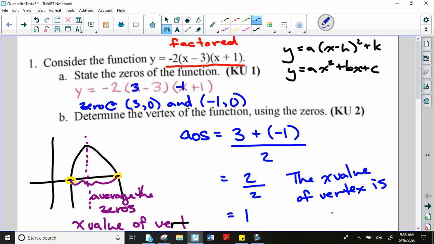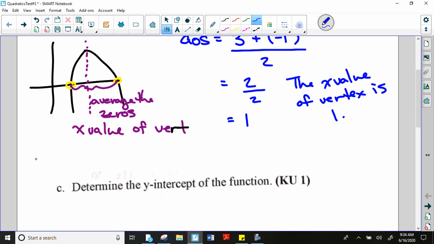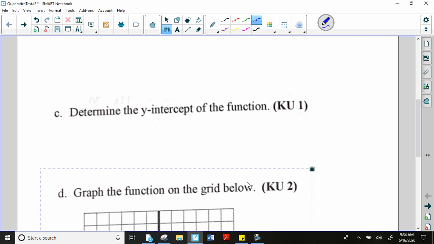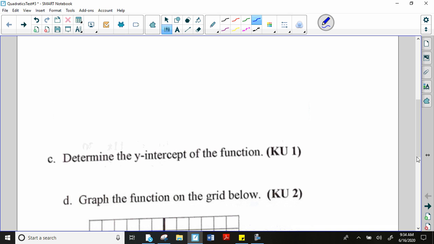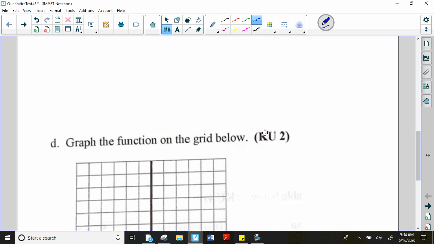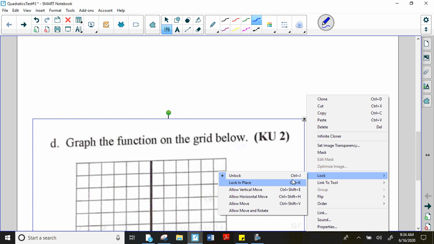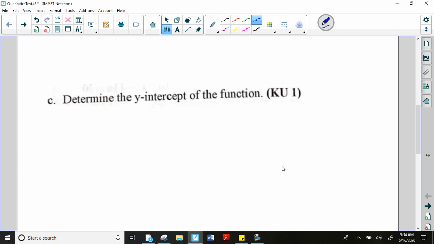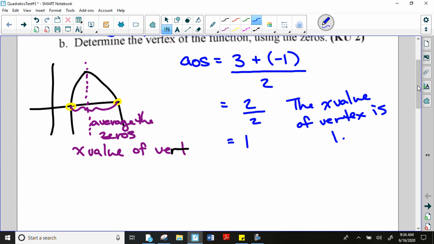I need some more space. I thought that would be enough space. I was like, yeah, right, you're going to write this much. Oh, no. Okay, let's lock that.